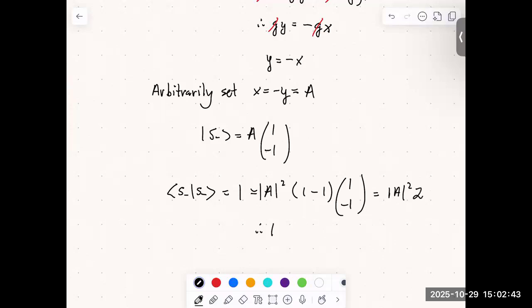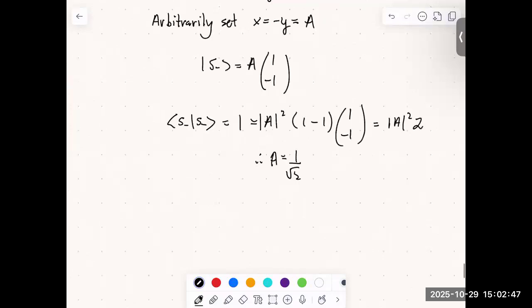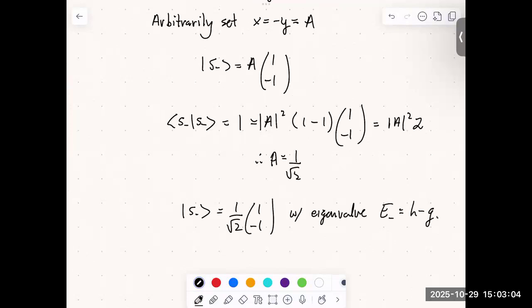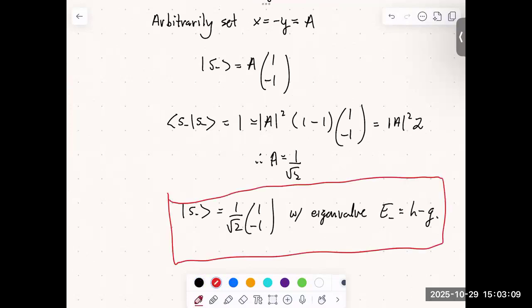And so therefore A is again equal to 1 over root 2, and our S minus eigenstate is 1 over root 2 times (1, minus 1), with eigenvalue E minus, which is h minus g.